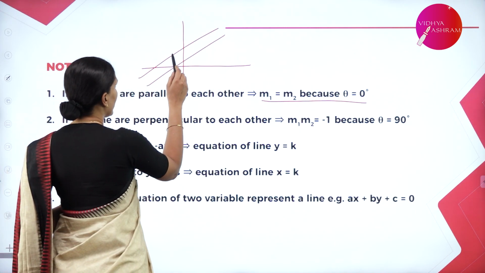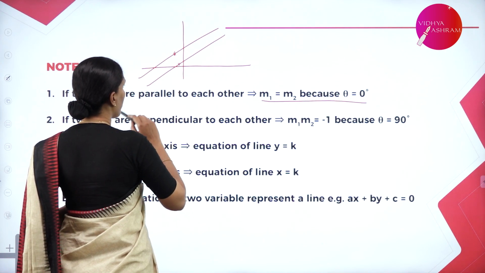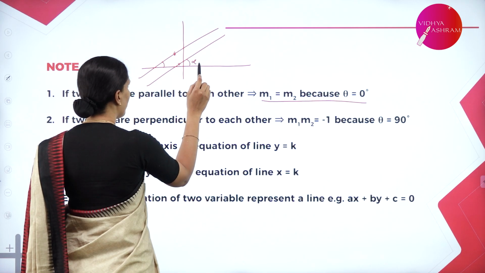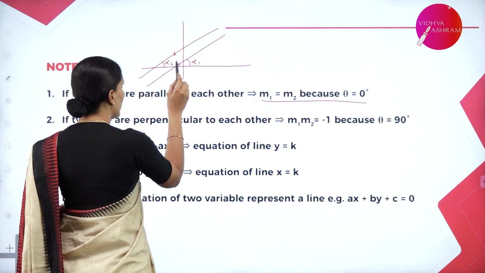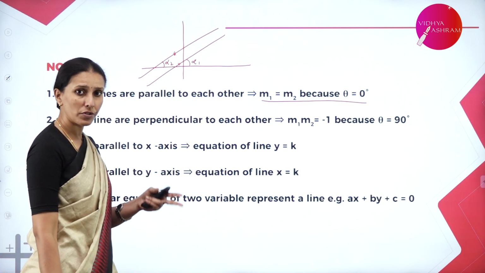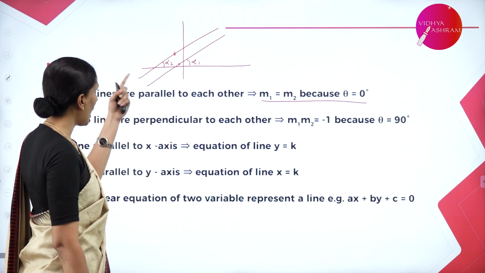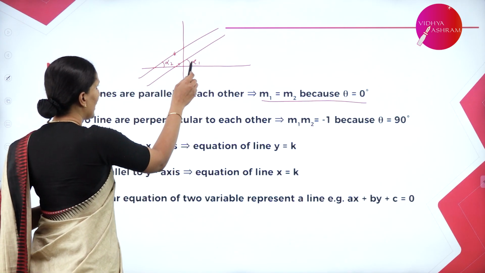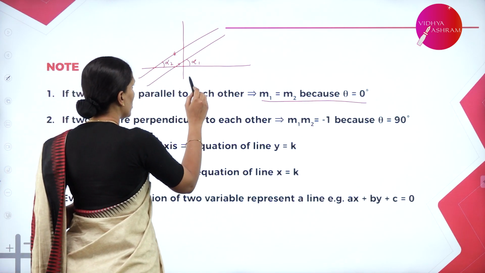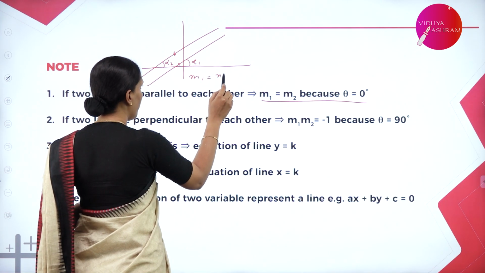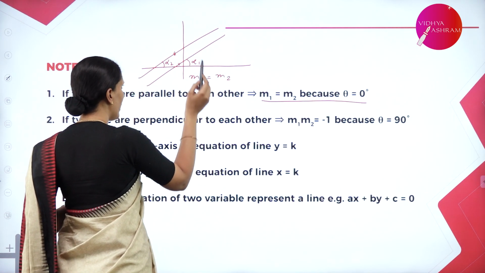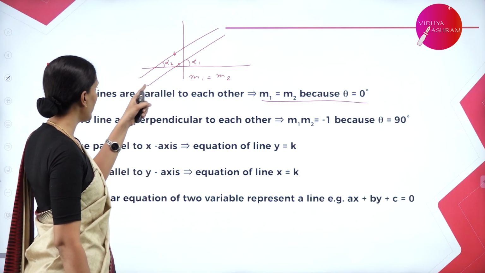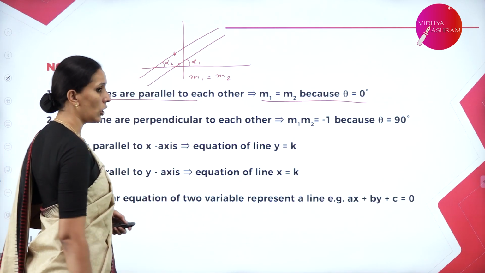So we know that if these two lines are parallel, then the angles of inclination, let this be alpha 1 and let this be alpha 2, are also the same. When alpha 1 and alpha 2 measured along the positive direction of the x-axis are the same, then the slope m1 will be equal to m2 because m1 is tan alpha 1, which is the same as tan alpha 2. So in such cases, we say the two lines are parallel to each other.